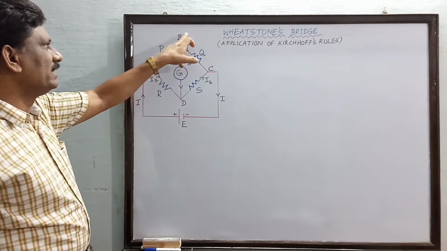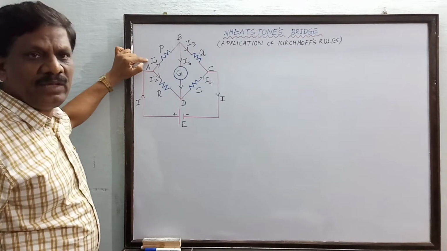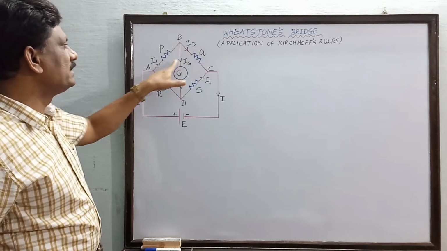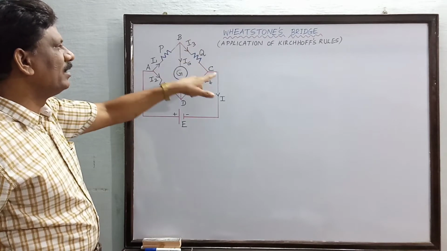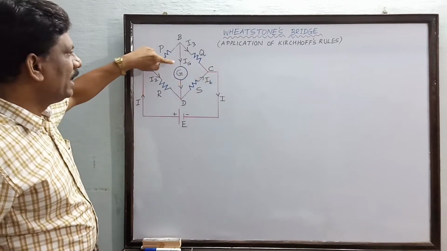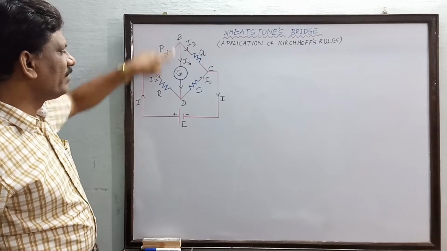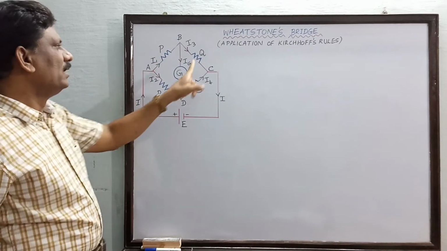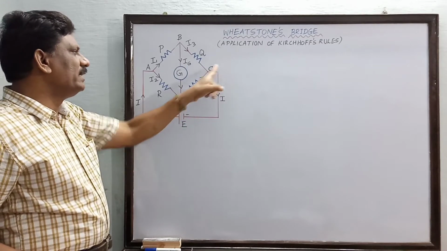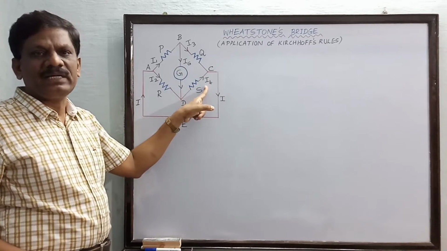Then again at the junction B, this current I1 ampere divides into 2 branches. Out of that, I3 ampere flows along the path BC and Ig ampere flows from the point B to the point D. Then in the branch D to C, the current flowing is I4 ampere.